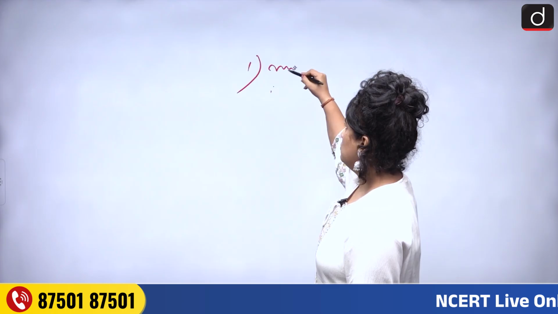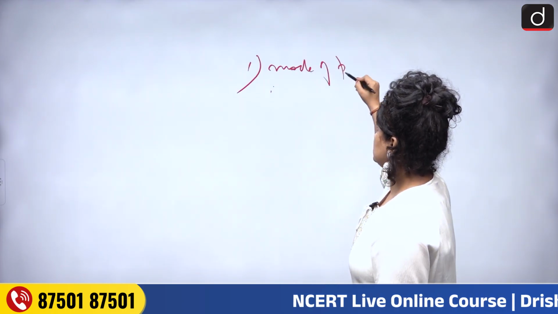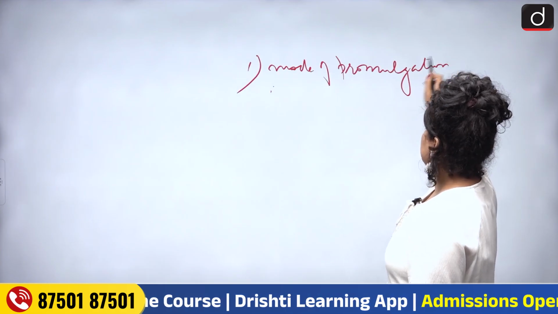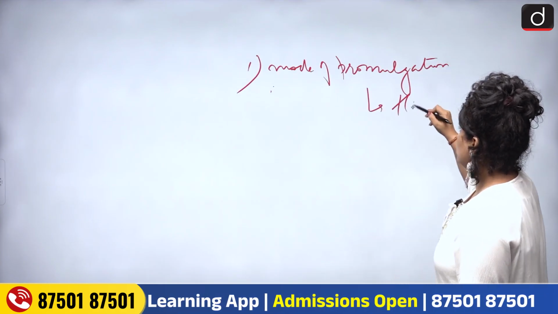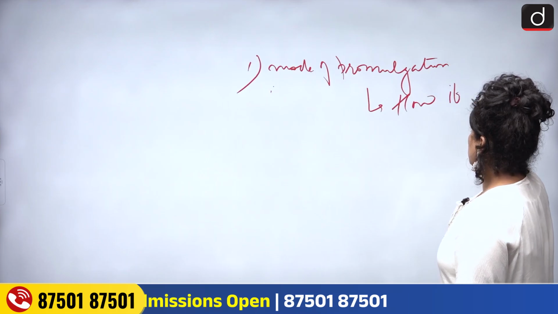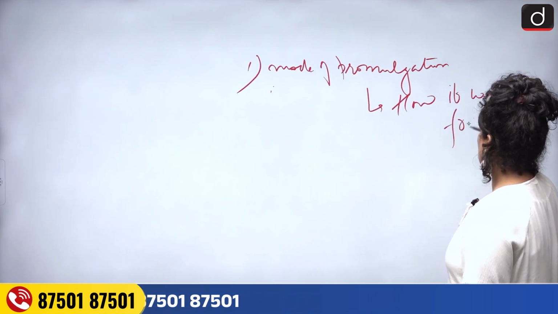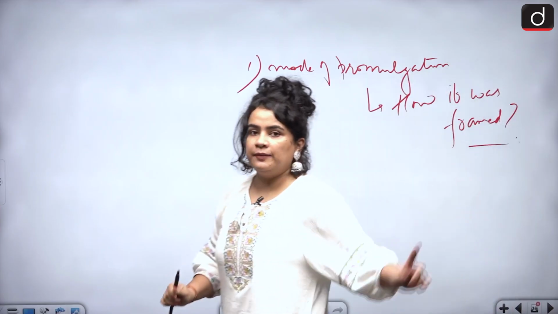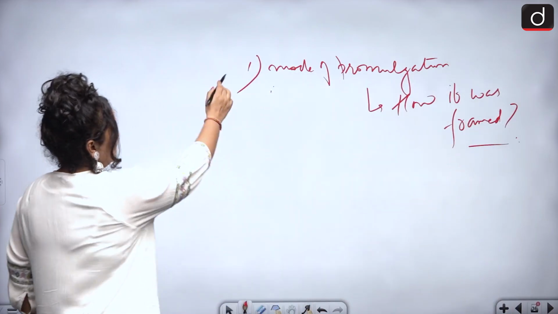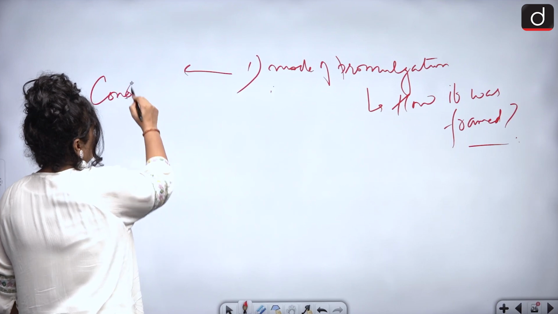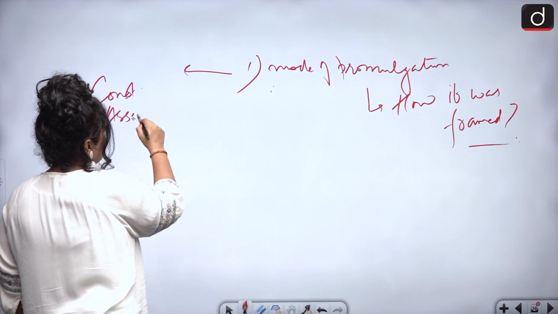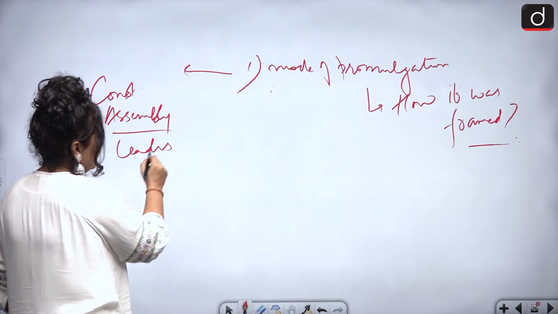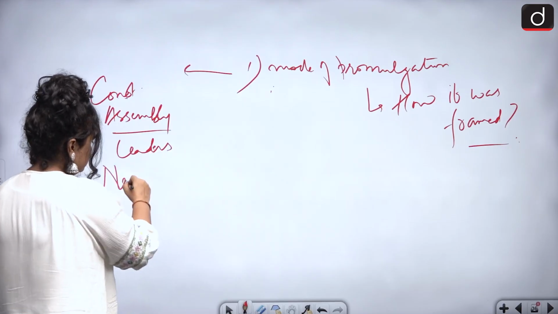1. Mode of promulgation. When I say mode of promulgation, I simply mean how the Constitution was crafted, how it was framed. And we know that in order to frame the Constitution, there was indeed a Constituent Assembly which comprised various leaders from our national movements.